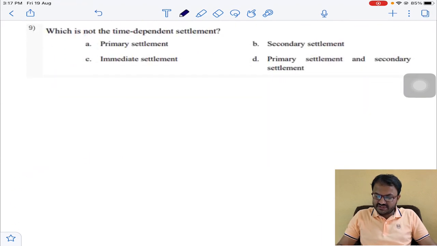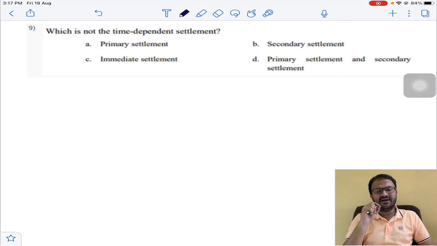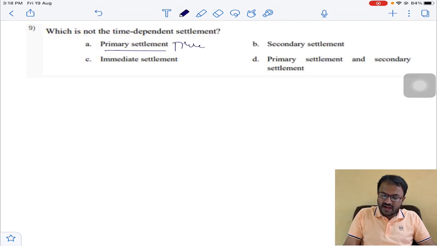Next question. Which is not time dependent settlement? Obviously, primary settlement is the most important settlement, which takes place by dissipation of pore water pressure. The dissipation of pore water pressure will take months and years. Okay, so primary settlement is time taking, and secondary settlement is readjustment of the solid particles.